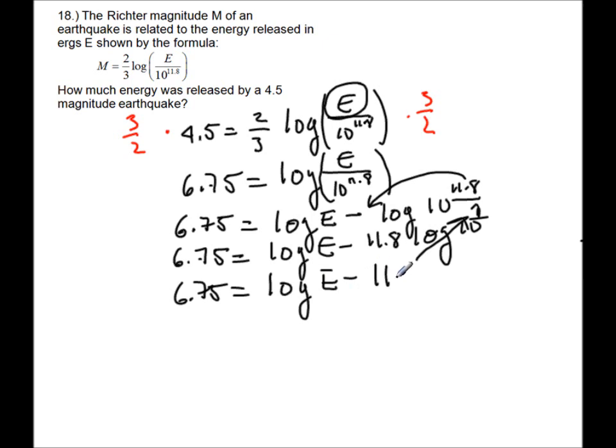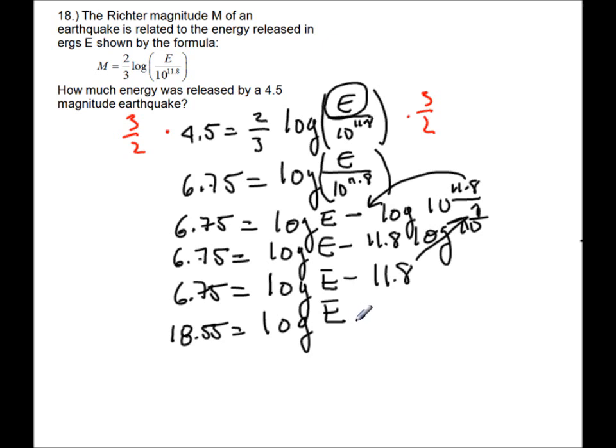minus 11.8. So now what I have to do is add 11.8 to both sides, and when I do that, I get 18.55 equals log E. Alright, now we are in logarithmic form. So now, since we're in logarithmic form, what do we have to do?